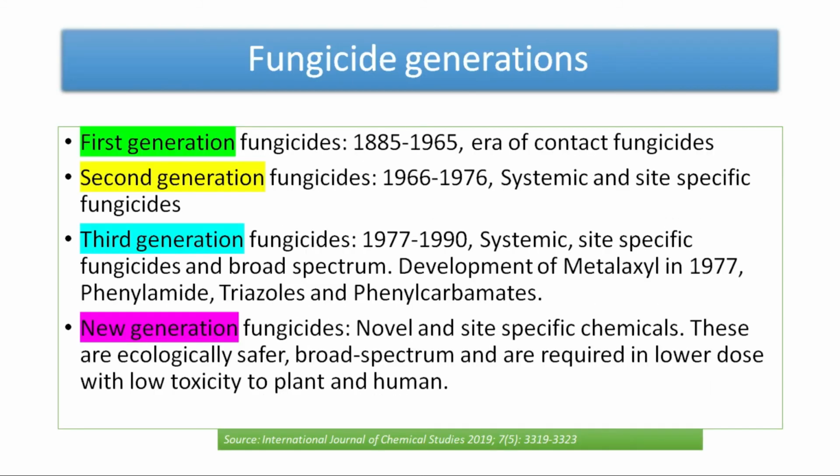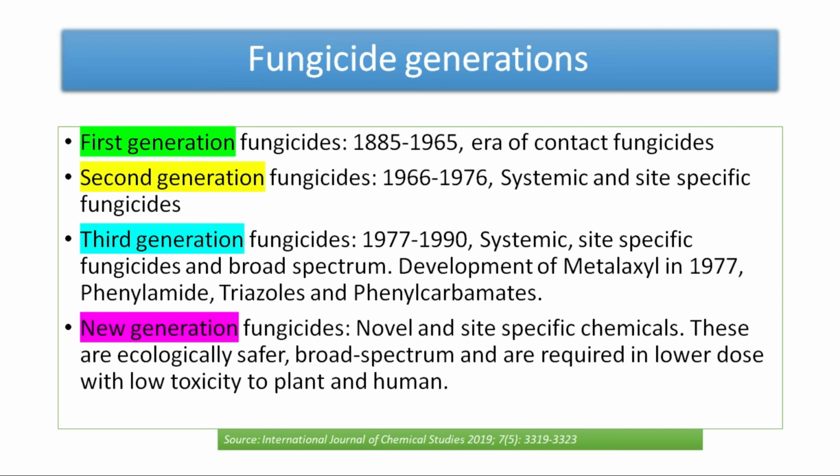Then, based on our convenience, we can group the fungicides into first generation, second generation, third generation, and new generation fungicides. Certainly, the fungicides which were developed earlier were all contact fungicides. We got systemic fungicide in 1966.